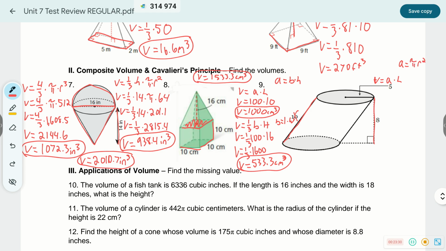Okay, so volume equals pi times radius squared times the length. We already have our radius, which is 5 squared. What's 5 squared? 25, times our length, which is the 8. 25 times 8 is 200.